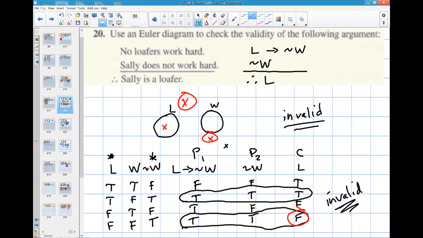Yeah, I like the truth tables better too, but the Euler diagrams can get you an answer real quickly. A lot less ink, but you're right. I kind of like the no stone unturned, which is what the truth table is. You've got every single possibility taken care of. So anyway, that's number 20.